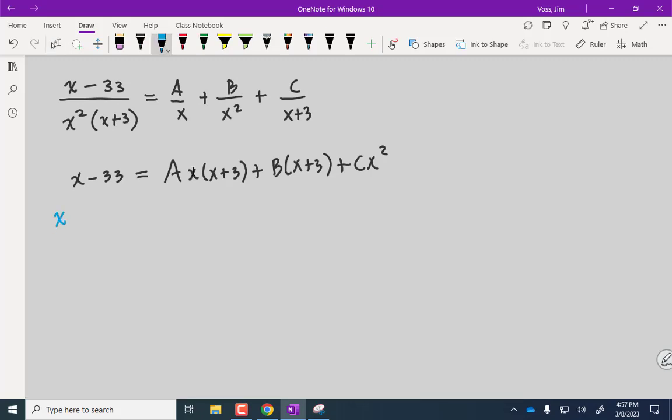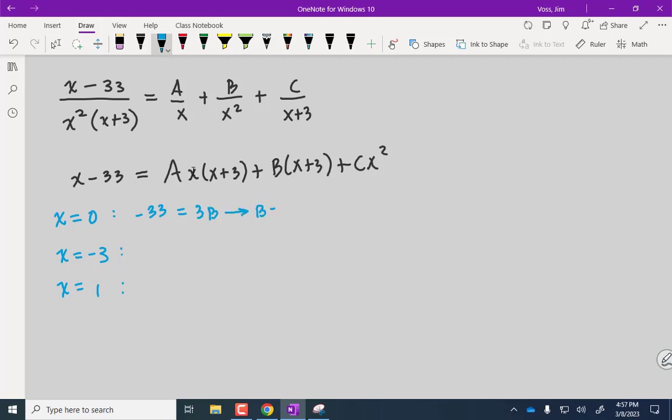Convenient values: -3, 0, and we need to pick some other convenient-ish value. 1. Sounds good. So plugging in 0 on the left, plugging in 0 on the right, these two things go away. So we're going to get 3b.